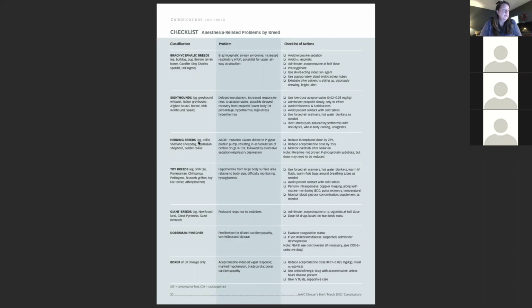Now, herding breeds, so your collies in here, I always treated collies like Siamese, but Shetland sheepdogs, border collies, this talks about that ABCB1 mutation, which is a fancy way to say leaky blood-brain barrier, okay? This P-glycoprotein pump mutation, that is the leaky blood-brain barrier.